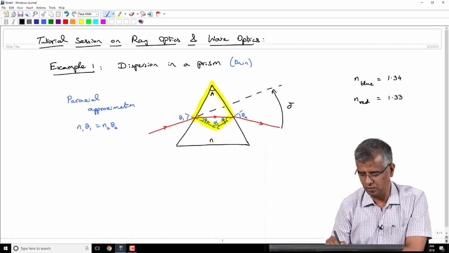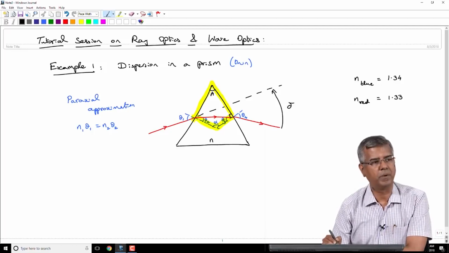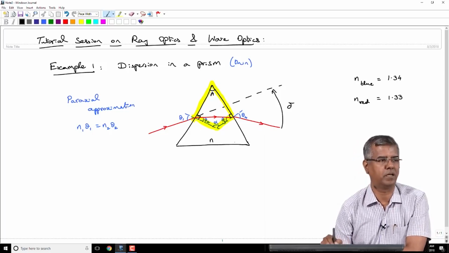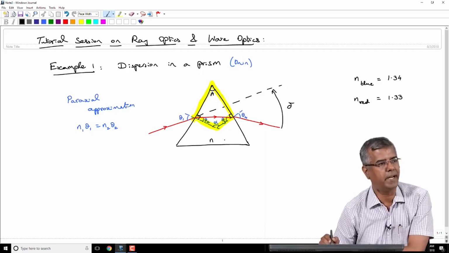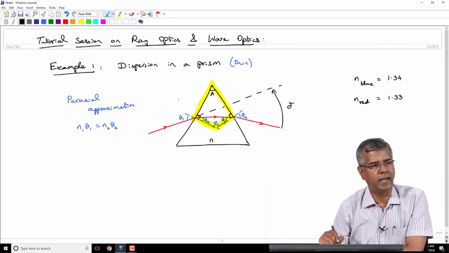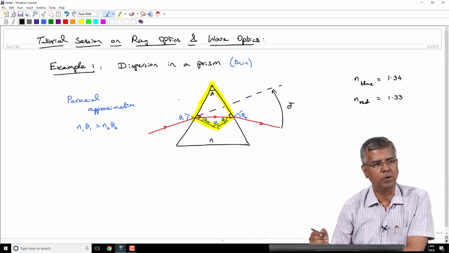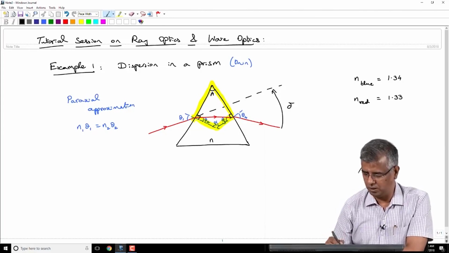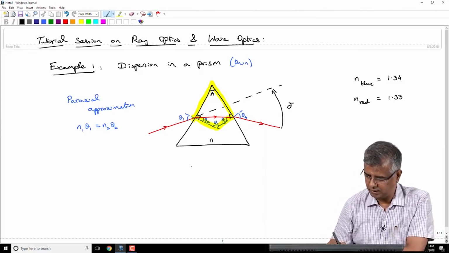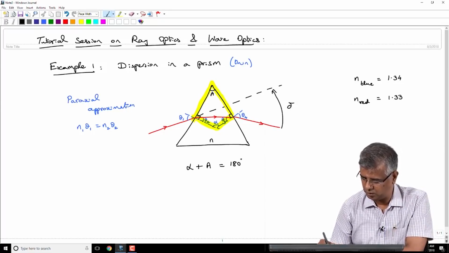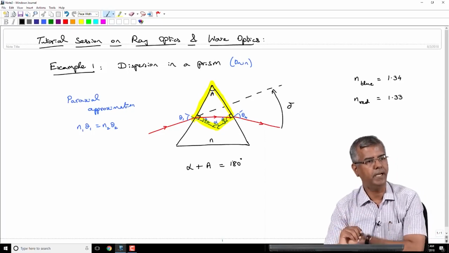At this point and this point, by definition these are right angles, because those are normals that we have considered. So those are already 90 degrees. The total internal angles have to be equal to 360, so you take out those 180 degrees, and you can write that alpha plus A has got to be equal to 180 degrees.